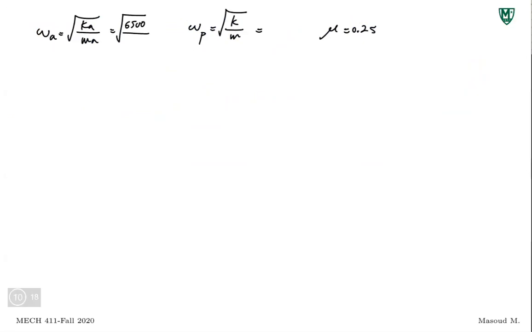This gives you 18.849 radian per second.